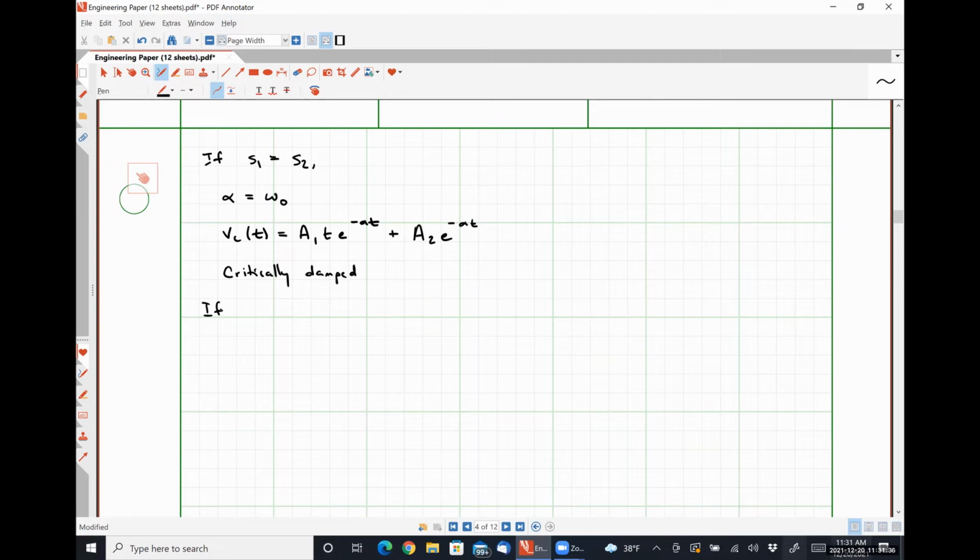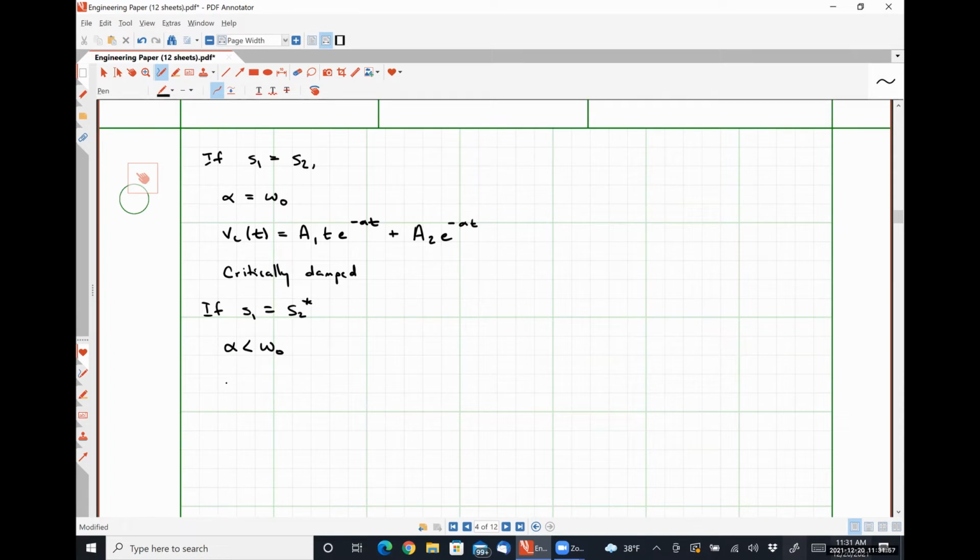is if S1 and S2 are complex conjugates. Okay. So this happens when alpha is less than omega naught.